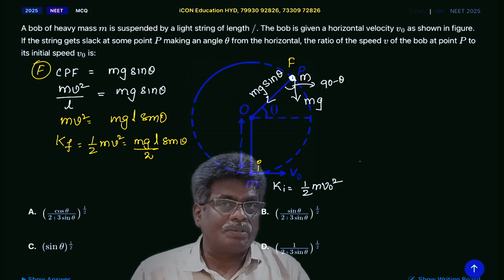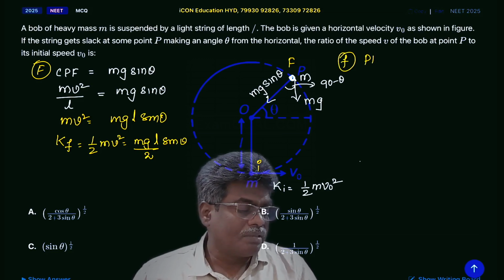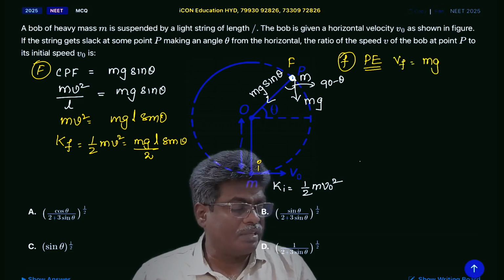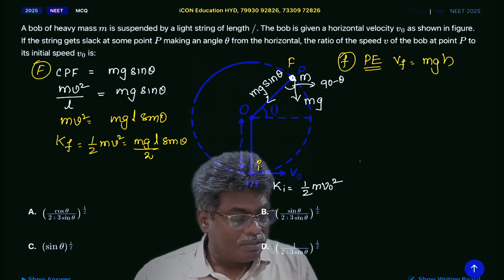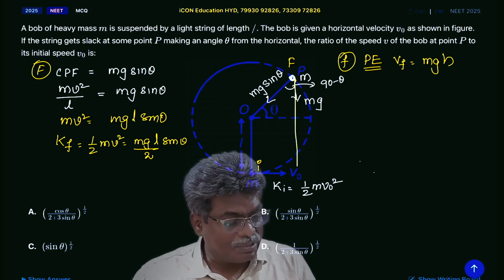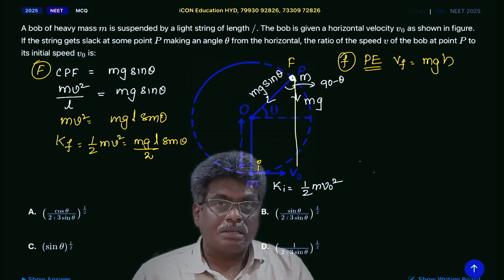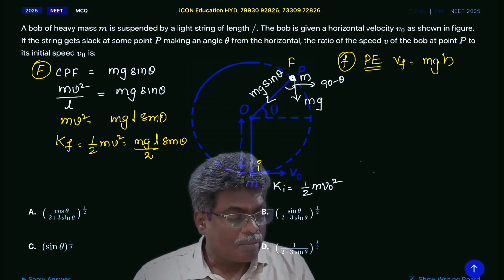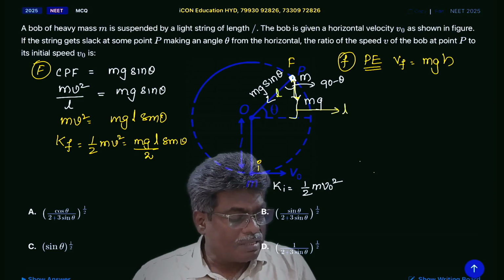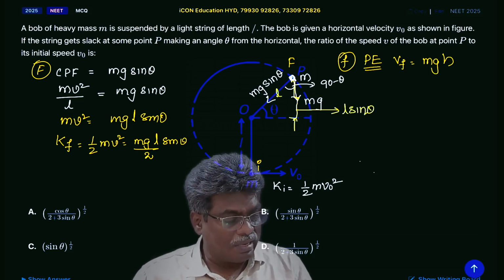Next we have to find one more thing, that is the potential energy at that final point. So again I am taking the final point. So this is the final potential energy mgh. But if you observe carefully, if you want to find h from the initial position, this is equal to L sin theta, and after that up to the bottom, that is actually L itself.